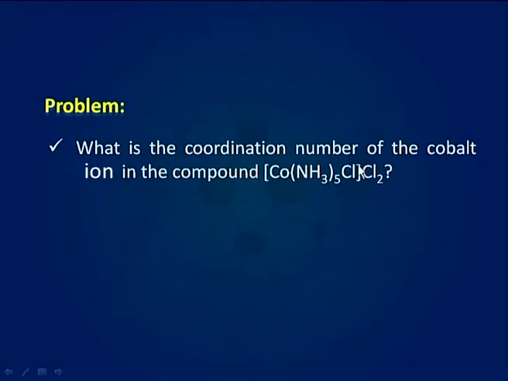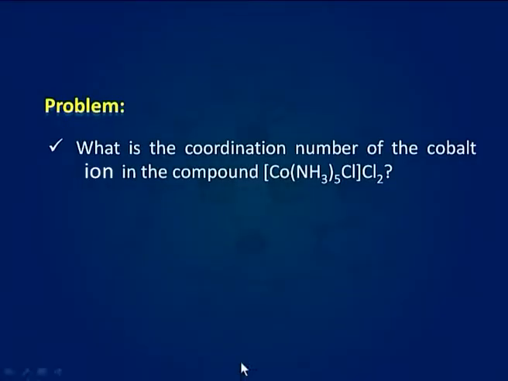the complex which is enclosed in the square bracket. You must count the total number of monodentate ligands attached to the central metal ion. Here all the ligands are monodentate. Actually, to calculate the coordination number, the number of ligands must be multiplied with the denticity of the ligand.